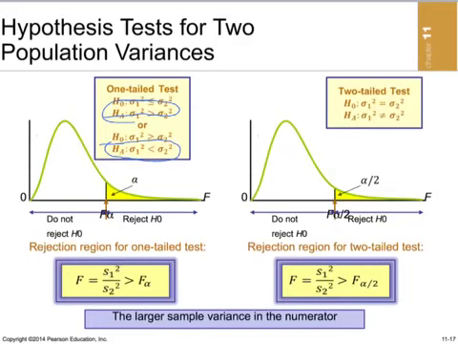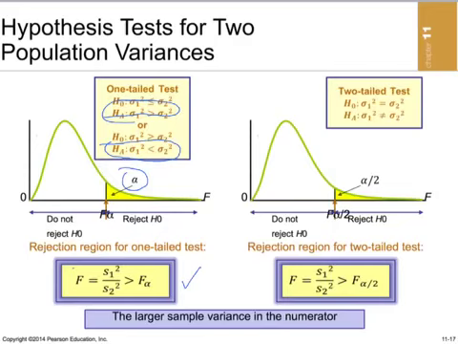And the area of the rejection region will be alpha. We will still put the larger over the smaller sample variance and find a critical value and look for evidence as to whether or not the sample statistic falls in the rejection region. So here's our requirement: if our F value is greater than F alpha, which is our critical value, we will reject the null hypothesis.